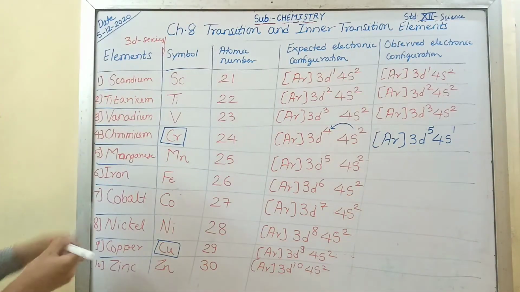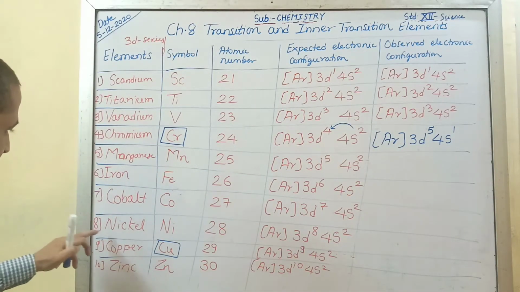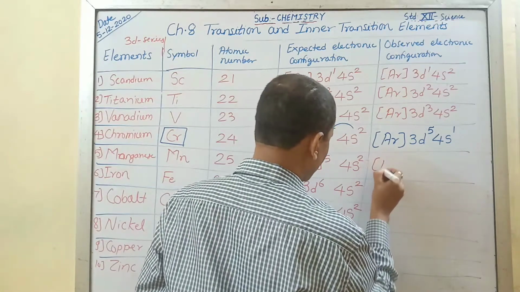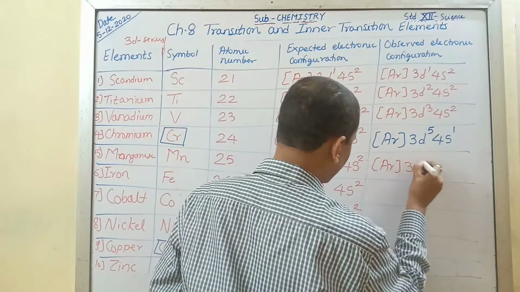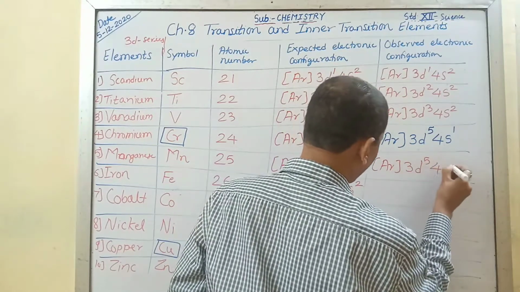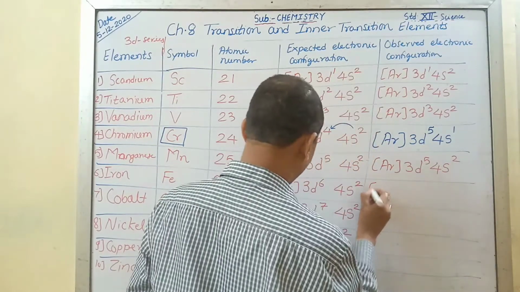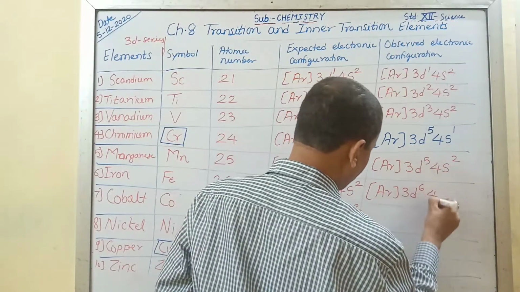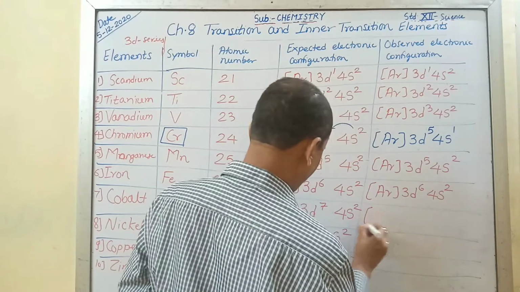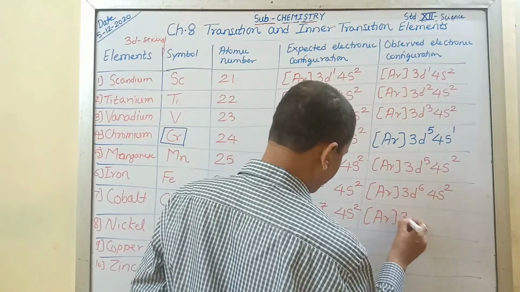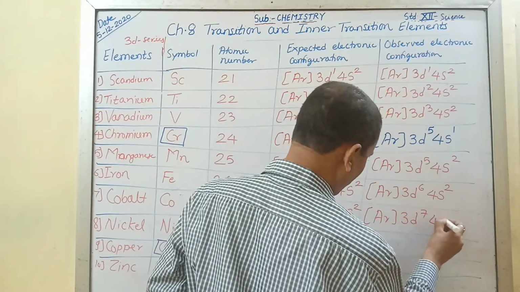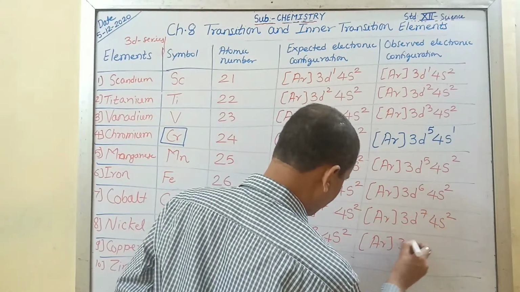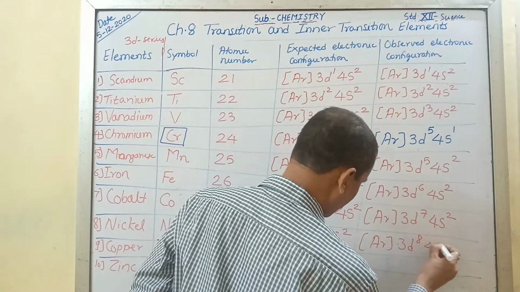Now again, for manganese, iron, cobalt and nickel, the electronic configuration is the same as expected: Ar 3d5 4s2, Ar 3d6 4s2, argon 3d7 4s2, argon 3d8 4s2.